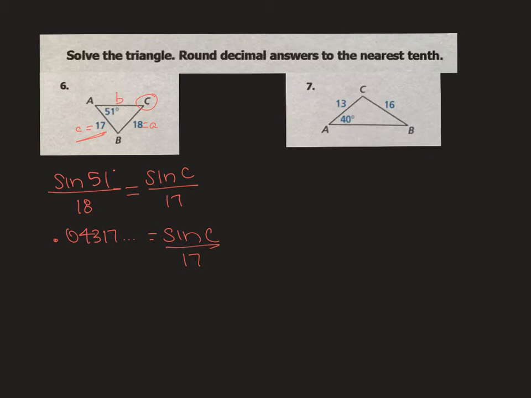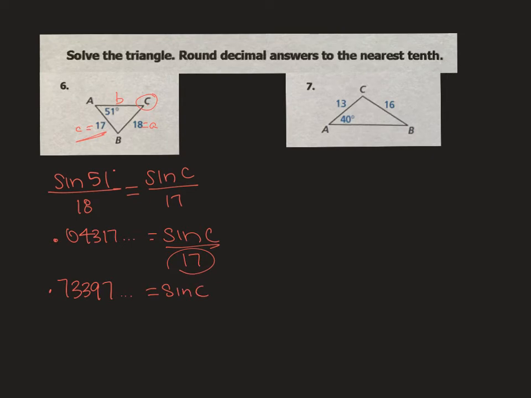So to get sine of C by itself, we're going to multiply by 17. We're going to undo that division by multiplying both sides by 17, which is going to give us about 0.73397 equals the sine of angle C.